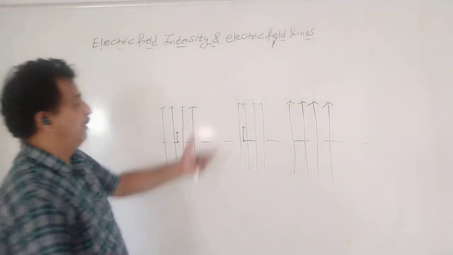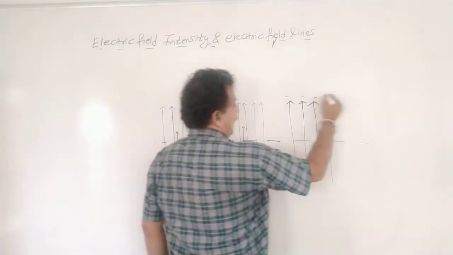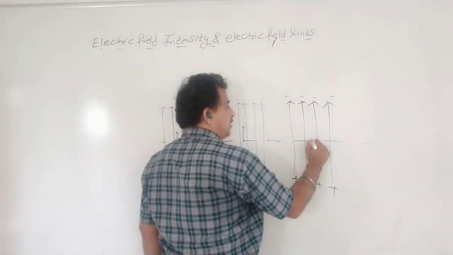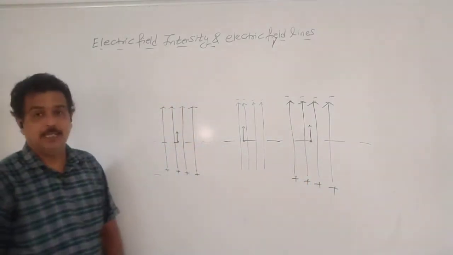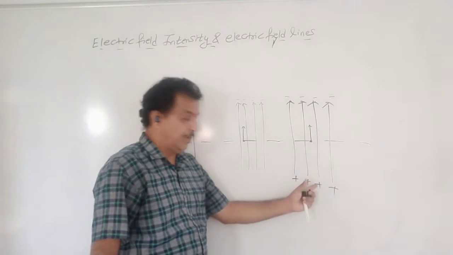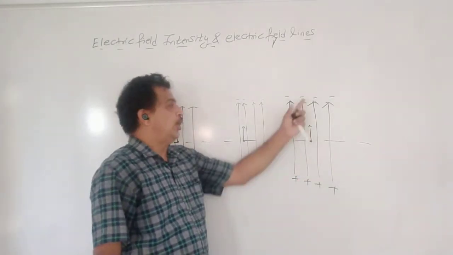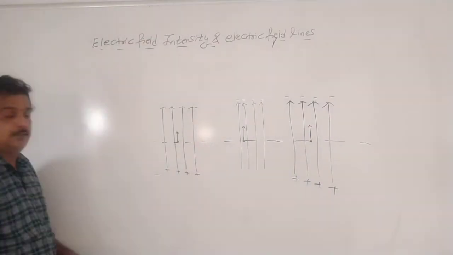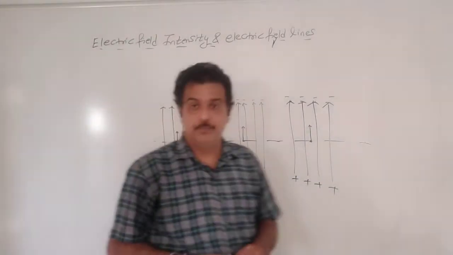Now the third possibility may be, here I can draw a negative charge, here I can draw a positive charge. Again I keep a test charge. So the answer would be the same. Here someone will say this test charge is repelled by this positive charge, or it is attracted by this negative charge. In all three cases, the answer comes out to be the same.